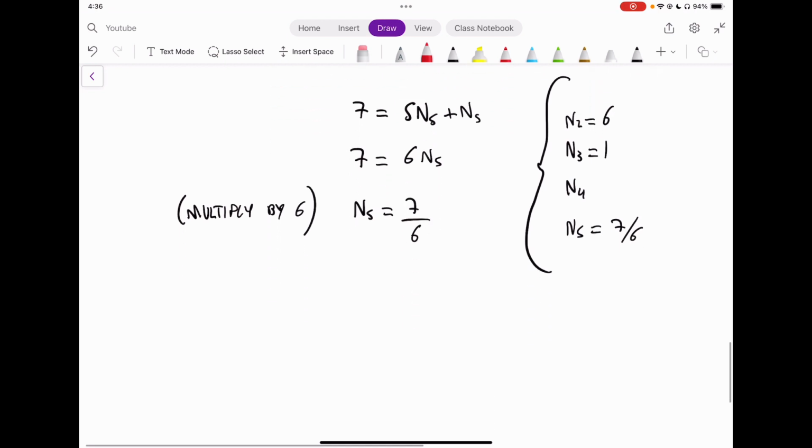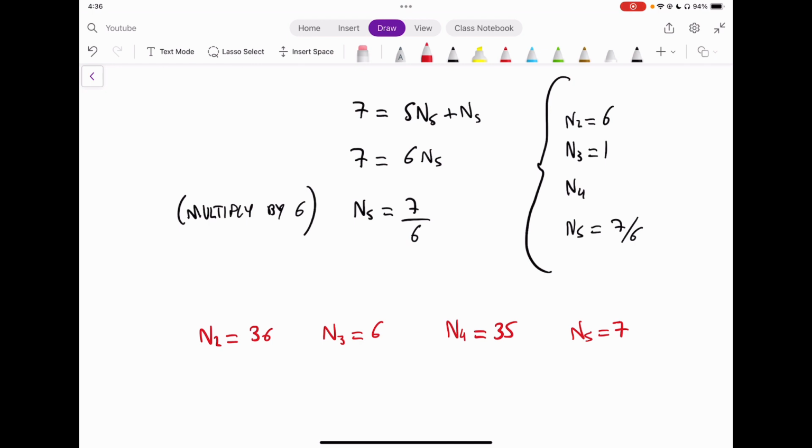So if we multiply N2, we get that N2 is equal to 36. If we multiply N3, we get that N3 is going to be equal to 6. Then if we multiply N4, I will do that in a second, N5 is going to be equal to 7. And essentially 6 times N4 is going to be equal to 35.